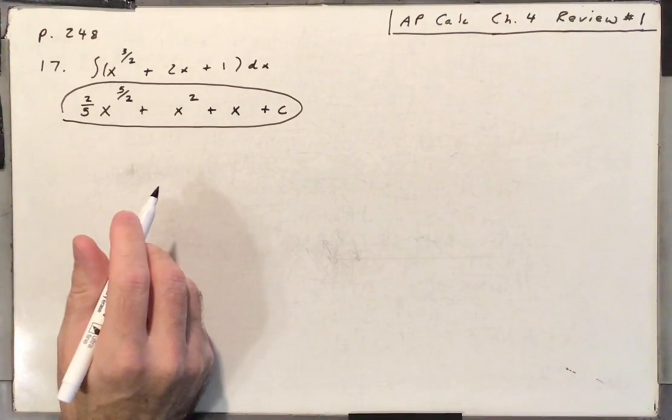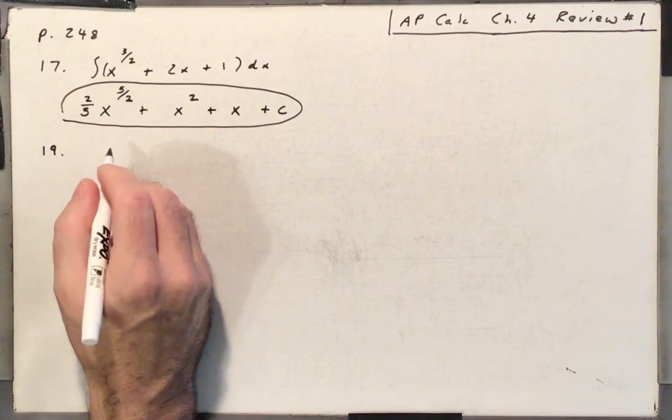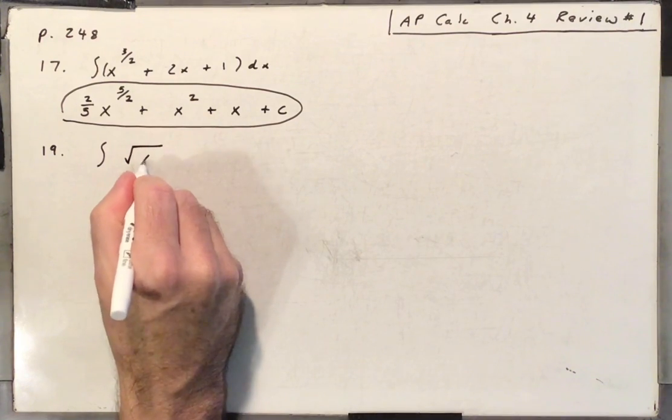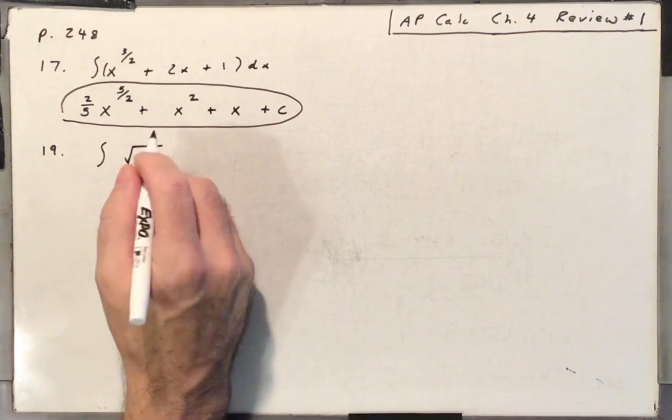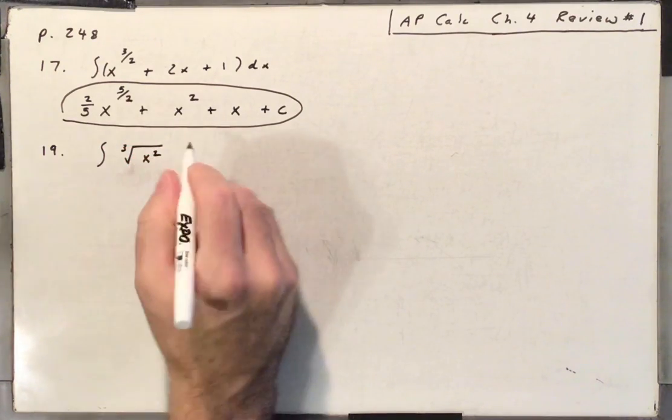Alright, the next one on my list is number 19. So that is the cube root of x squared dx.